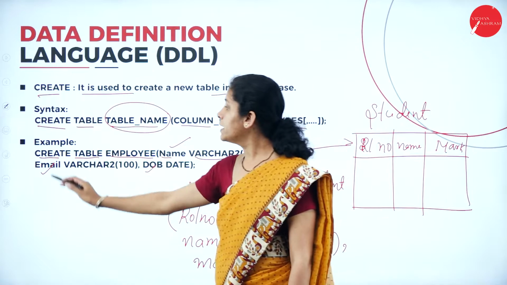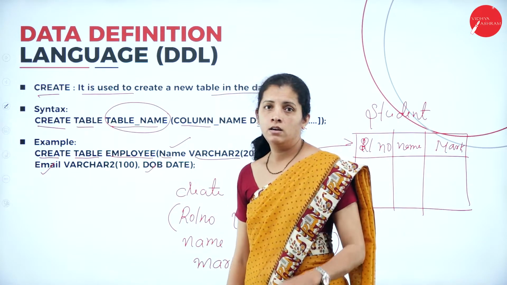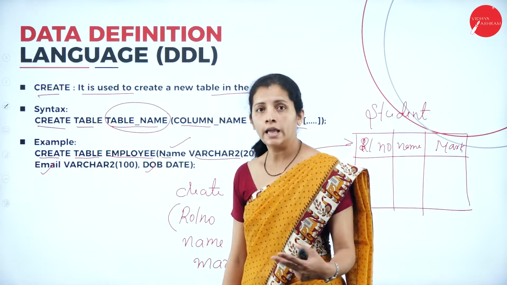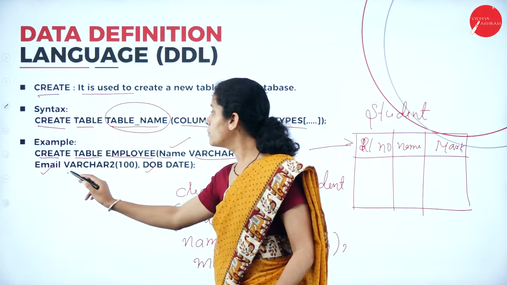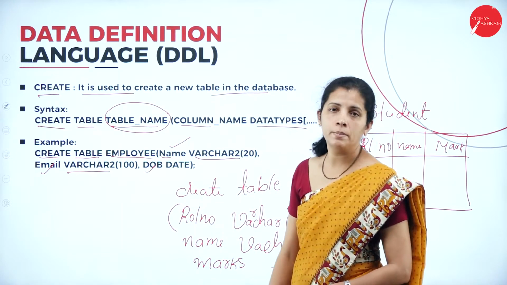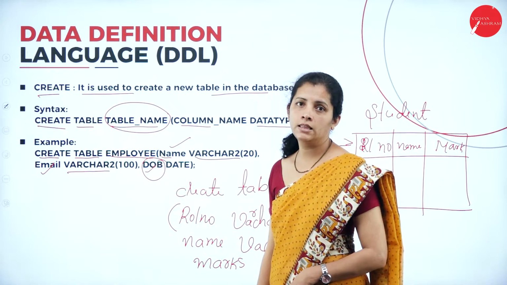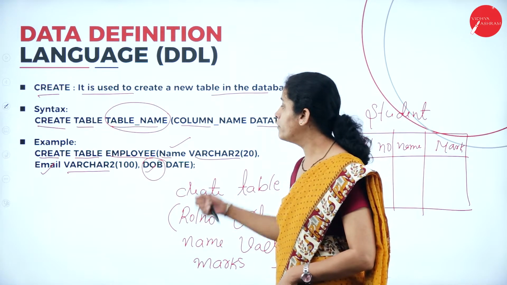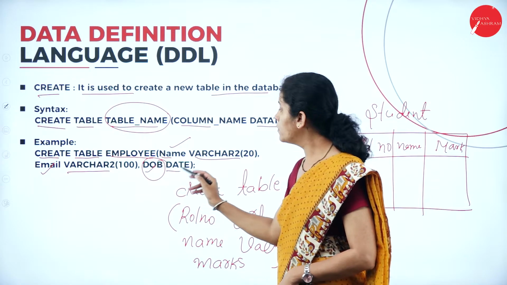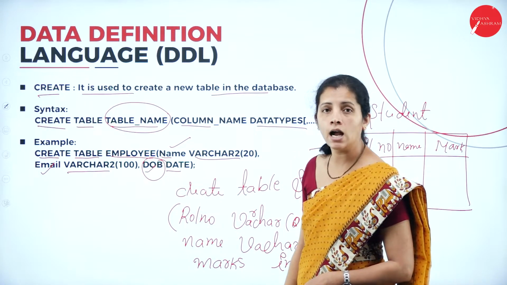If I consider email, once again it is character, so I'm going to consider variable character. And if I consider date of birth, it's in the form of date, so I'm going to consider date data type.